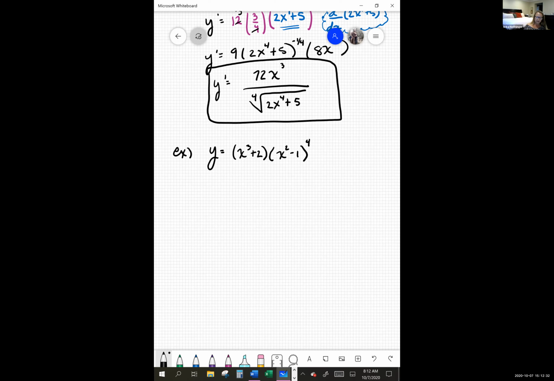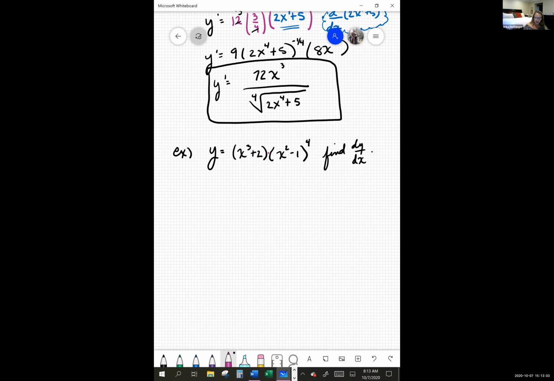And so we want to take the derivative, dy dx. I notice I have multiplication in here. I really don't want to have to distribute out x squared minus 1 times x squared minus 1 times x squared minus 1 times x squared minus 1, and then multiply by this parentheses. We could do it, it just would take a while.